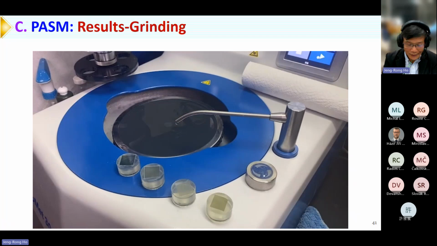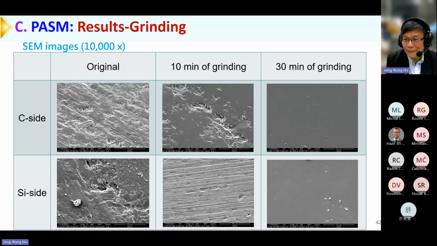Okay, and then here are some results. For silicon carbide, the two sides have different properties. One is called the carbon side, the other is called the silicon side. And usually the silicon side is more difficult to polish. And this one is the original surface morphology.